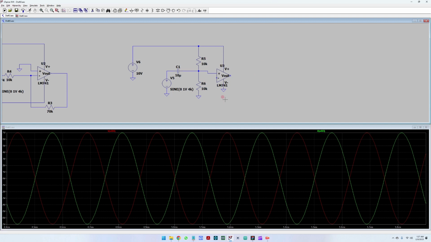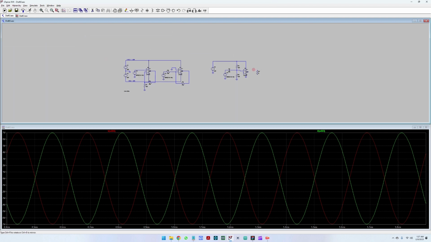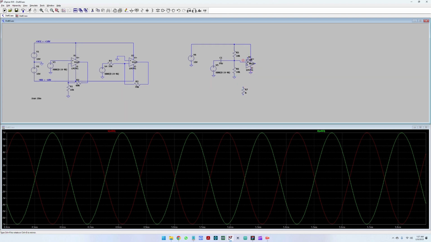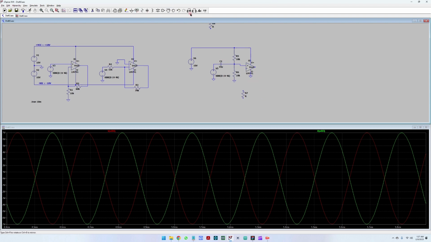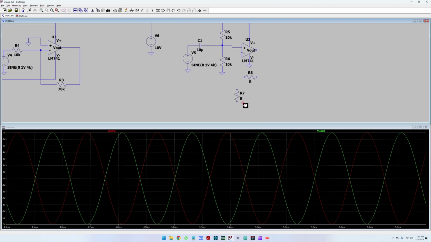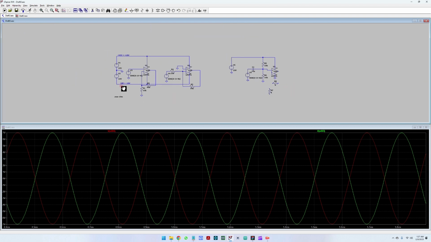Great. So the last thing that we have to do is to create the feedback network here. So this is quite easily done. We've already built 2 feedback networks here. So we said that we will build this non-inverting version. So I'm going to place 2 resistors here. One, I'm going to rotate it here, and let us calculate the values. We want to amplify this 7 times the input. So this means that we're going to use the same values as here.